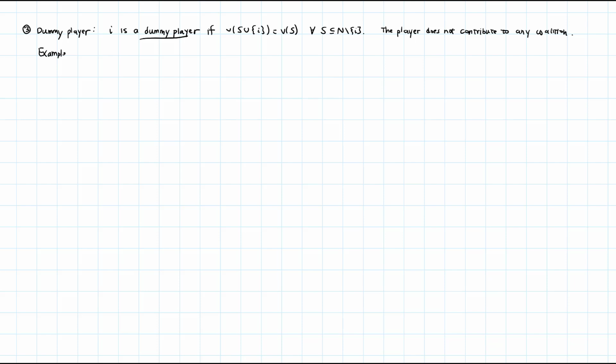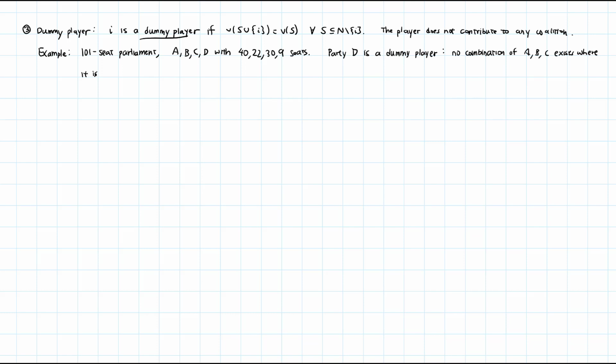In our earlier example of the 101-seat parliament, where we have 4 parties with 40, 22, 30, and 9 seats, we can verify that Party D with 9 seats is a dummy player. No combination of A, B, and C exists where it is not a majority, but adding 9 seats gets a majority.